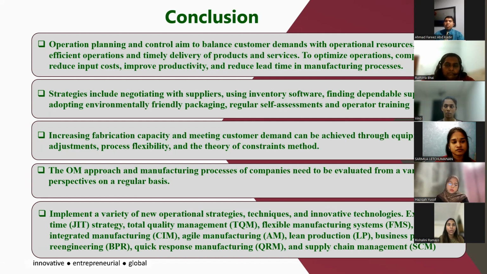Businesses are required to implement a set of new operation strategies and innovative technologies, such as JIT (just-in-time) strategy, total quality management (TQM), flexible manufacturing system (FMS), computer integrated manufacturing (CIM), lean production (LP), business process re-engineering (BPR), quick response manufacturing (QRM), and supply chain management (SCM), which are some of the strategies that fall under these categories.